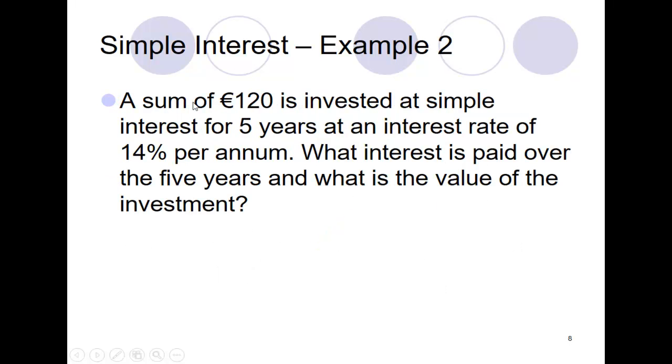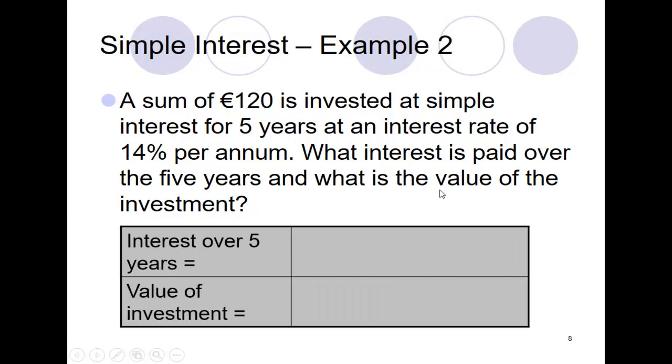Okay, so a sum of 120 is invested at simple interest for 5 years with an interest rate of 14% per annum. What's the interest that is paid over the 5 years, and what is the value of the investment? So that's going to be the 120 multiplied by 14 over 100 or 0.14 multiplied by the time, which is 5.